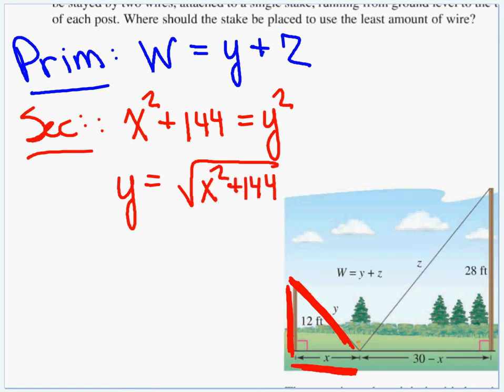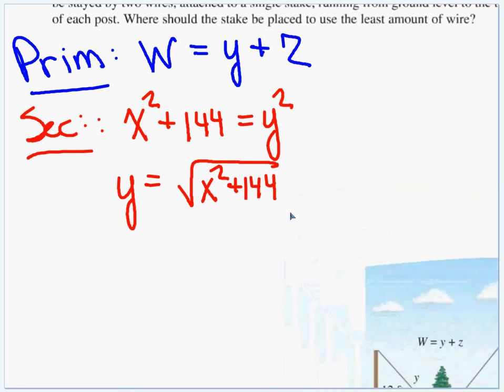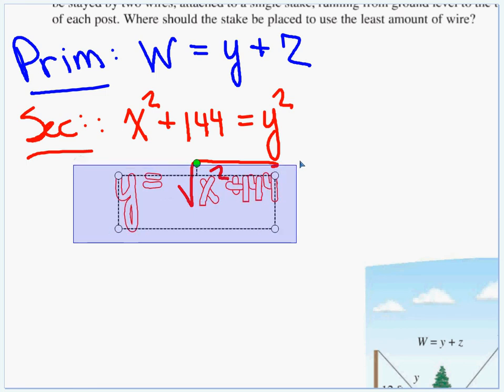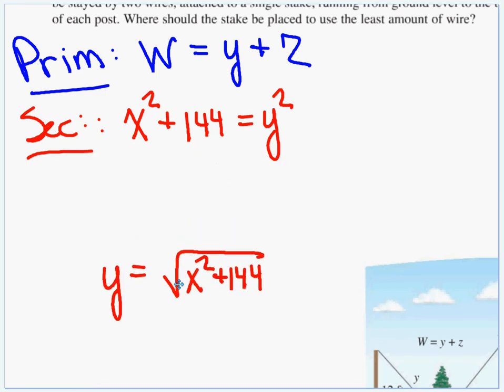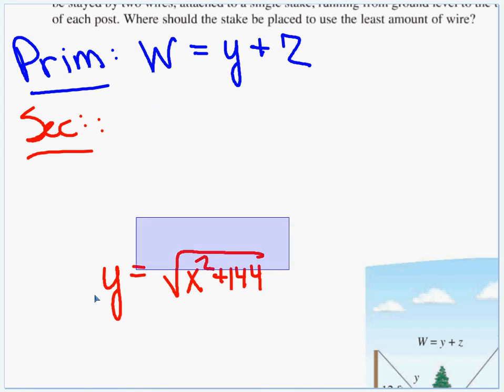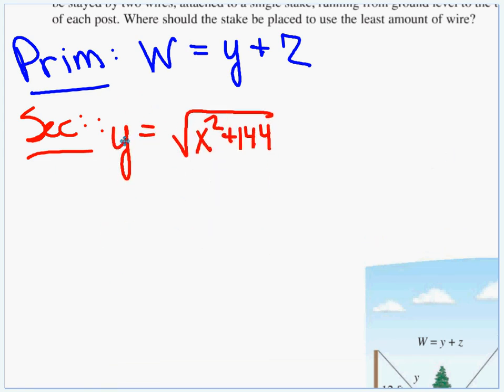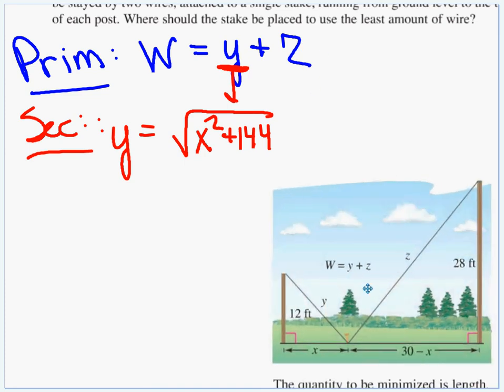So there's our first secondary equation. Y is equal to that radical. And of course, this y is going to be replaced with that radical at some point. But we've got to do something similar for the z variable.